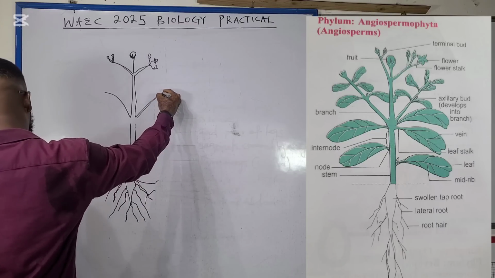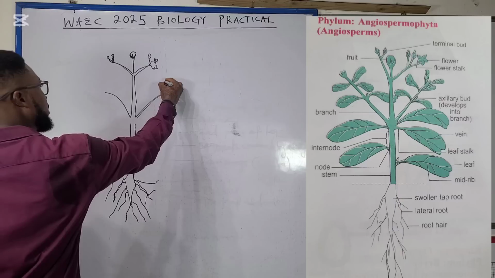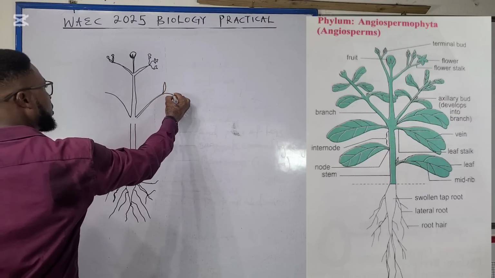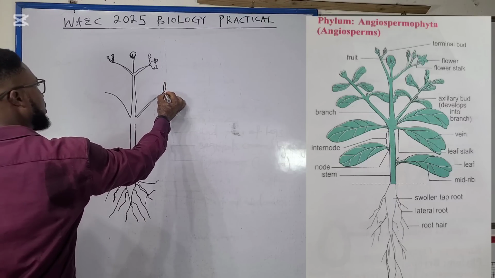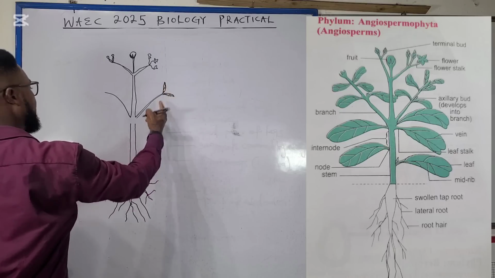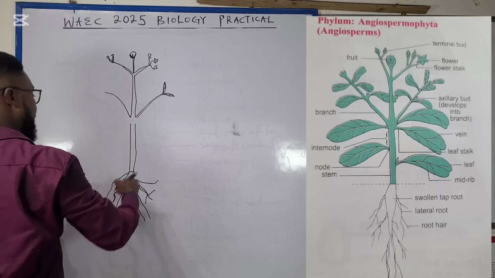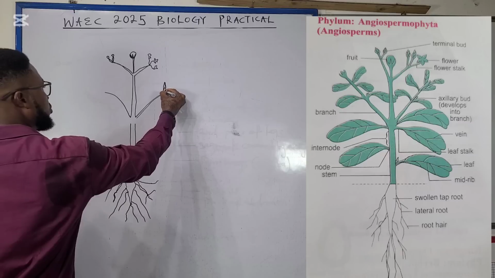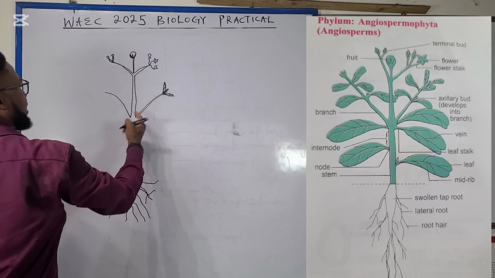So when we get to this point, you see, it's looking somewhat like ending in a leaf and some small buds like this.